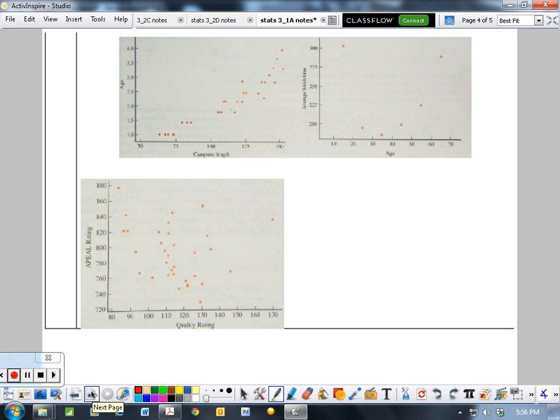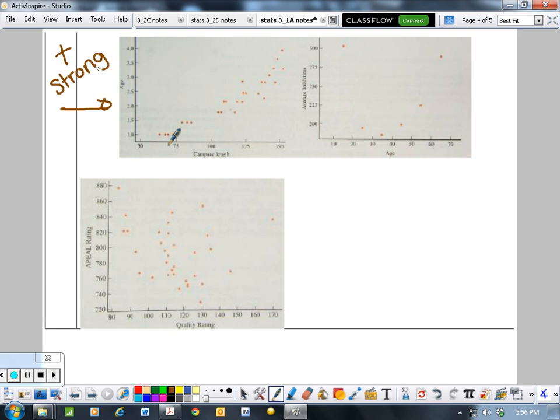Okay, so on our next one, we've got this graph, which definitely looks like it's going up. So we've got a positive association, and then it doesn't look very wide, so I'd probably say this is strong.